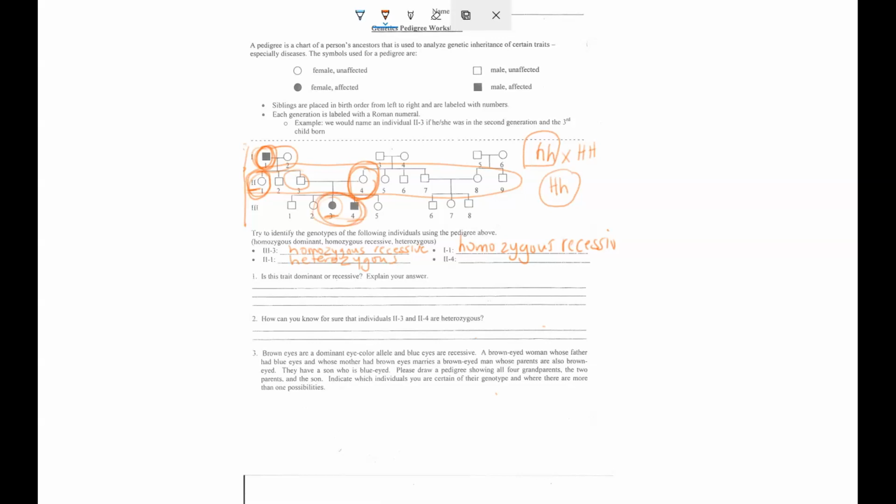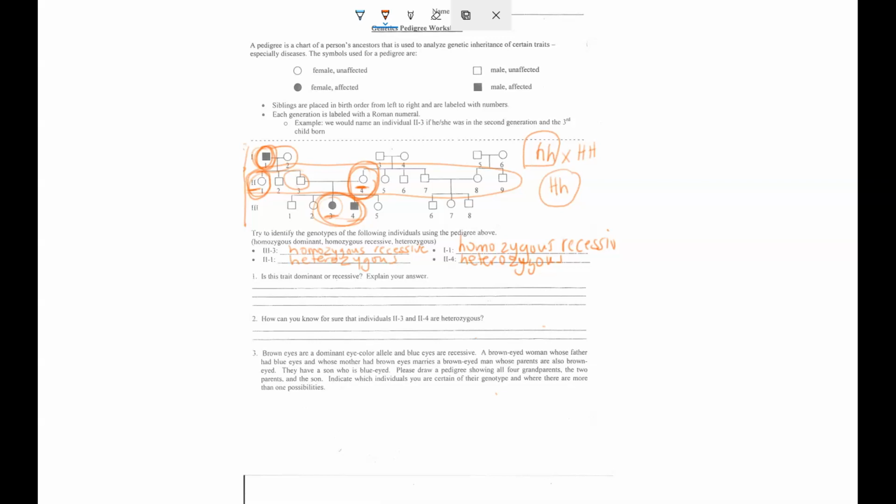So this male and this female have to be heterozygous. So Roman numeral 2-4 has to have a heterozygous genotype, okay? So a mix. Because the only way that you can have affected individuals in a recessive pedigree is when you have two parents that are heterozygous for the trait.